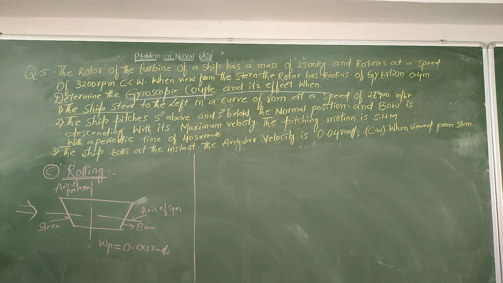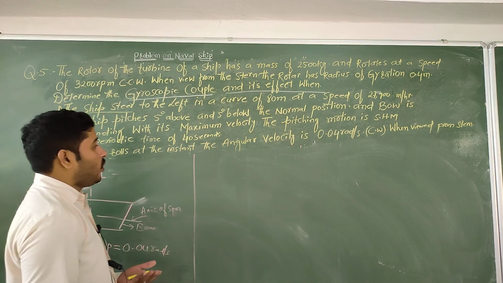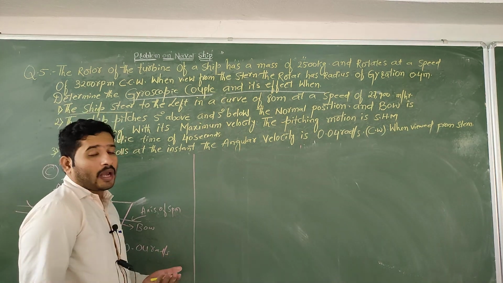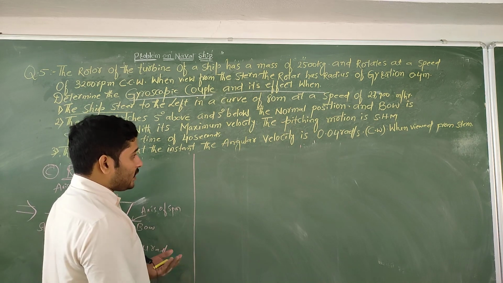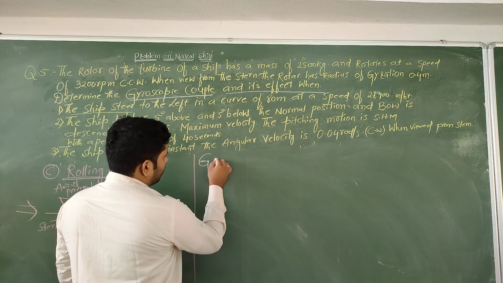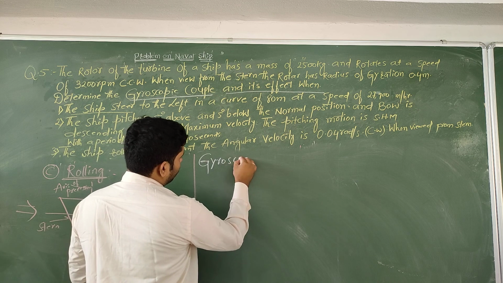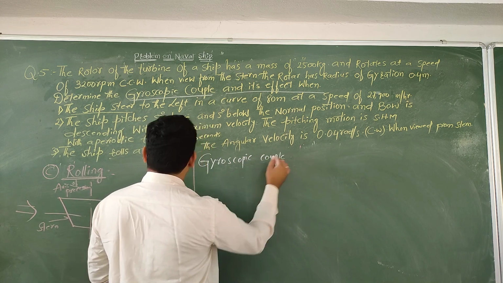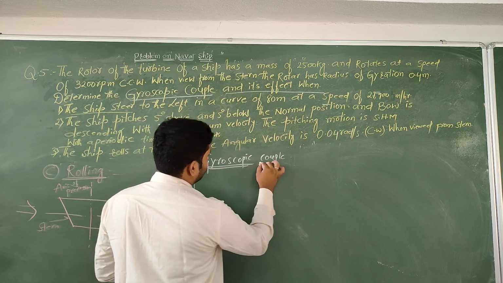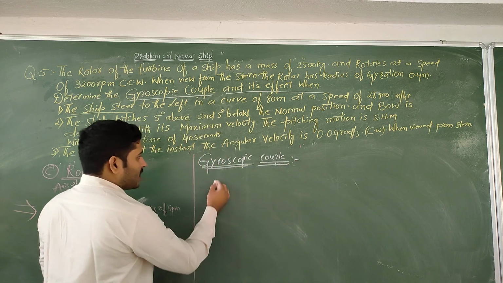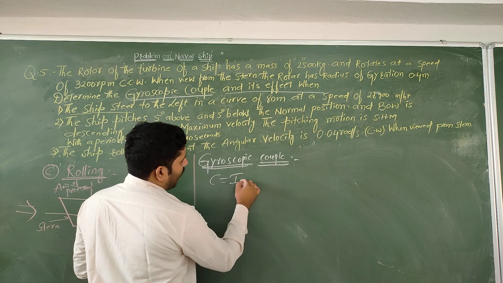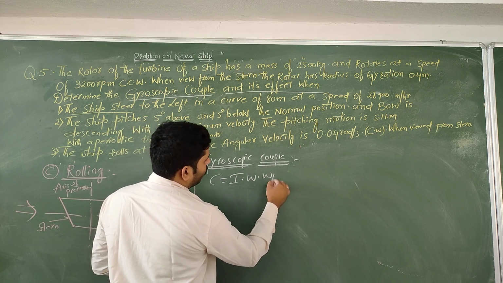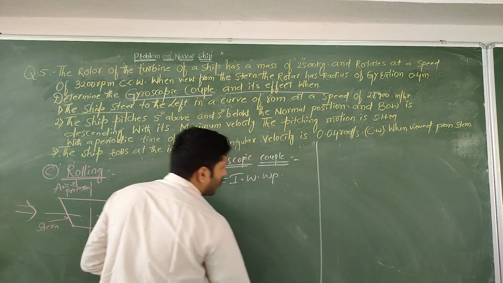Let us see. The first thing is we need to find out the gyroscopic couple in the rolling operation. Now what is the formula? C is equal to I into omega into omega p.